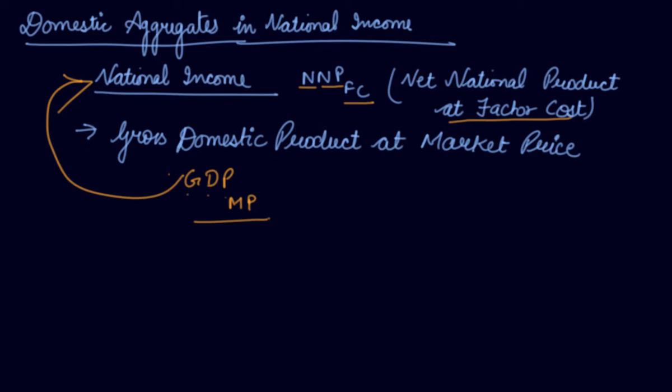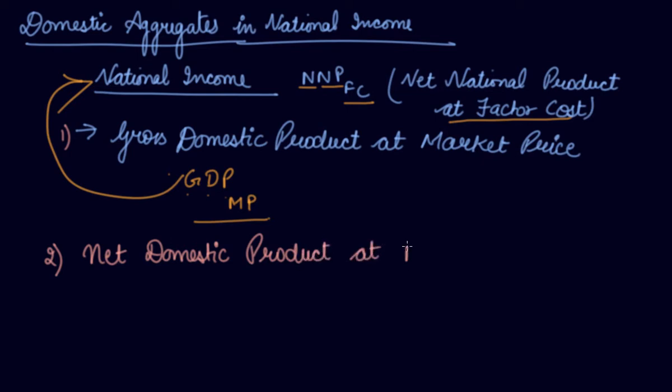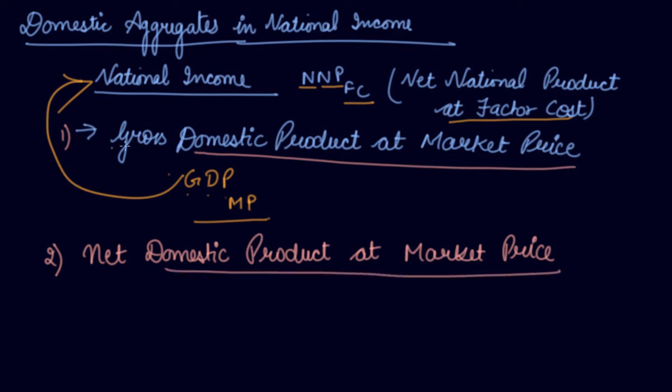The second we have the domestic aggregates. This is number one we are starting about. The second we have is net domestic product at market price. See, from here to here it is same, only the difference is of gross and net.